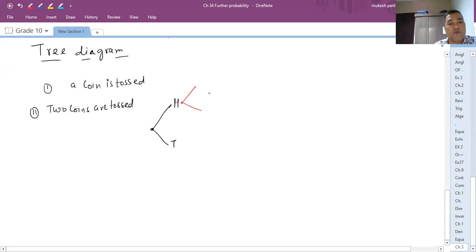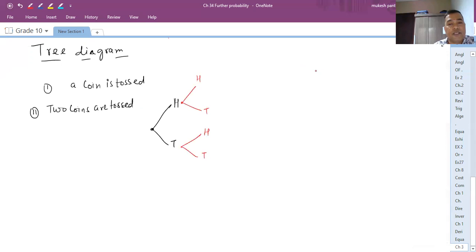The second coin may give you head or tail, right? For example, if the first coin gives you a tail, the second coin can give you head or tail, right? Understood, guys?